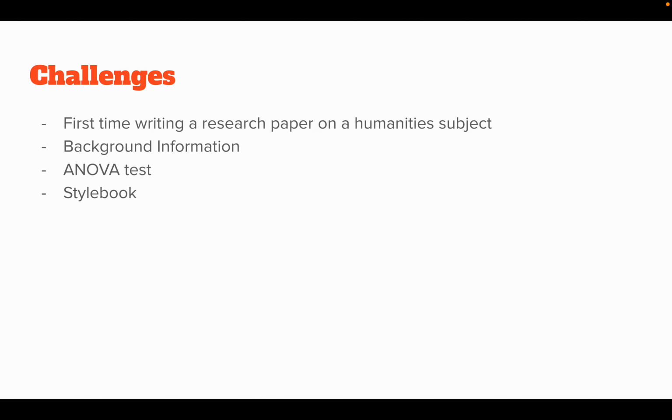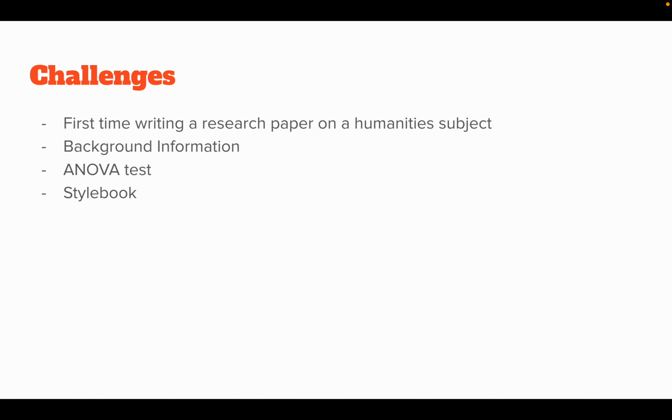I would say one of the biggest challenges was the style book, because I have to write in APA style, so I really have to change all the in-text citations, the reference list, the fonts, and every detail about the style of my paper.